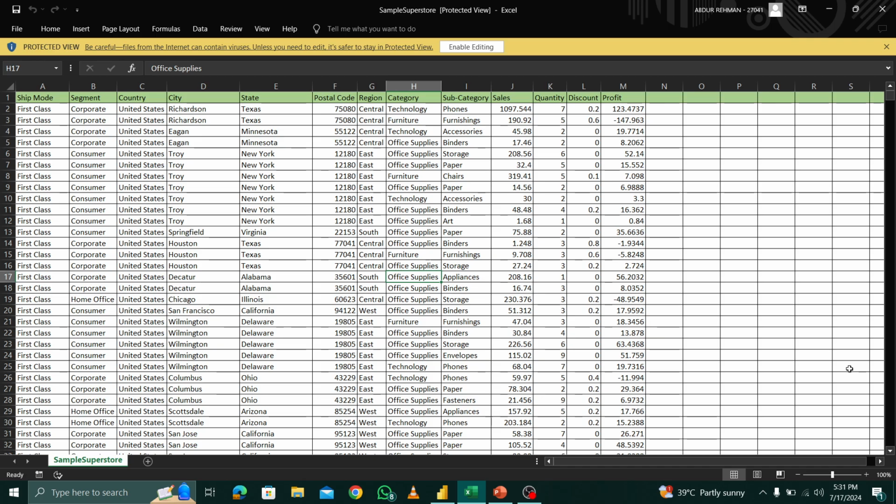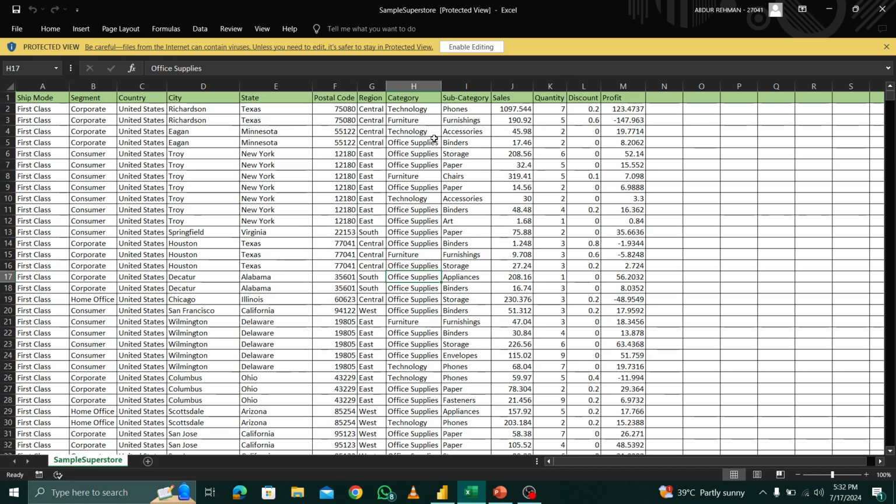Superstore. First of all, there is a ship mode, that is how the products are being shipped, either first class or second class. Then there is the segment in which the products are being sold, corporate, consumer or home office. Then there is the location in which products are being sold.